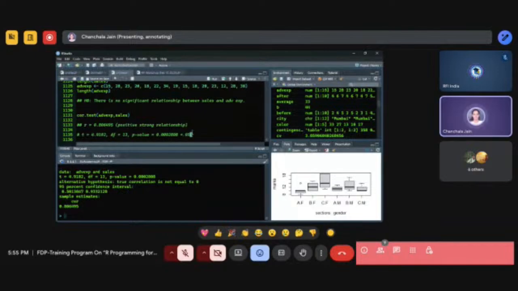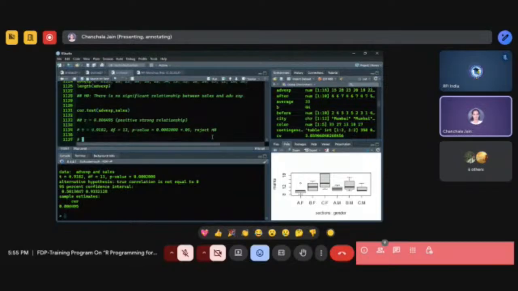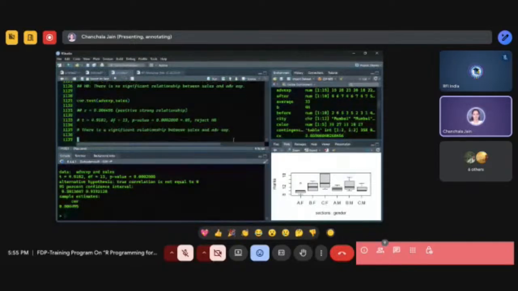If it is less than 0.05, it means the correlation is significant. So we will reject the null hypothesis. And when I reject the null hypothesis, my conclusion will be that there is a significant correlation or relationship between the two variables, sales and advertisement expenditure.